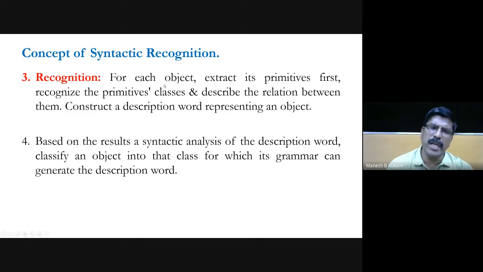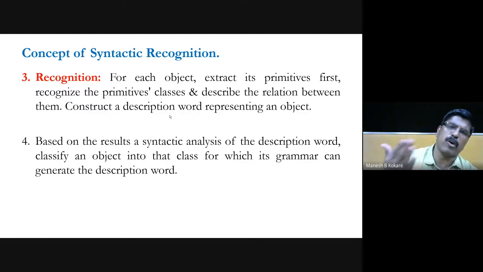So for each object, extract its primitives first. We are extracting the primitives first for every object or for every class. Recognize the primitive classes, describe the relationship between them, and construct a description word. This description word is nothing but the language of that class. The language of every class will be different, right?